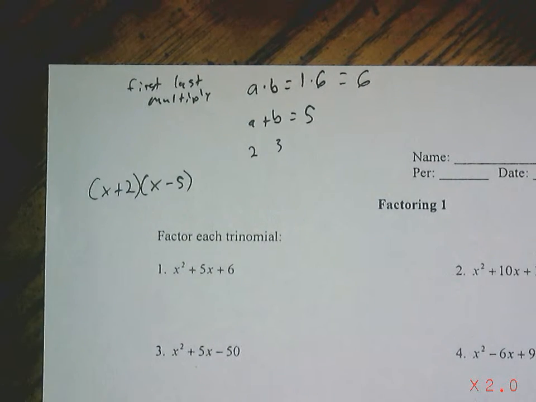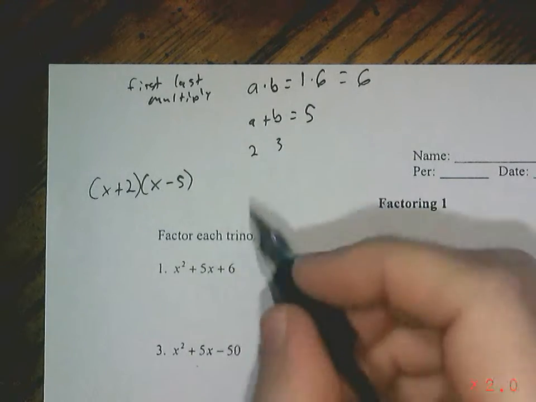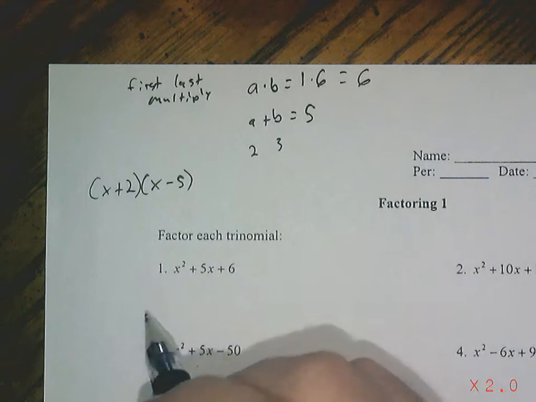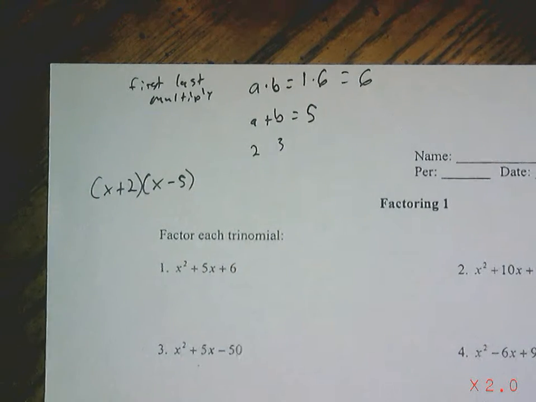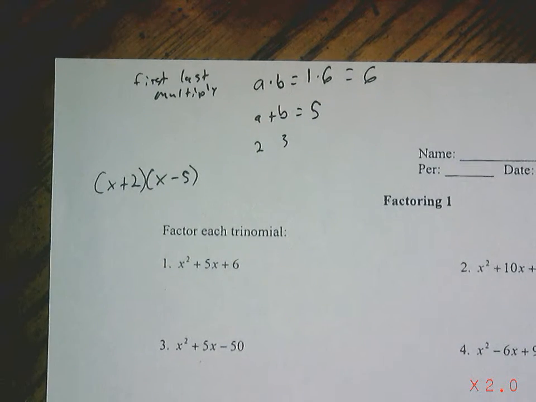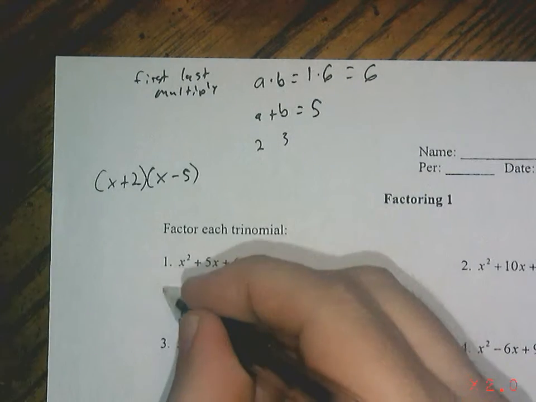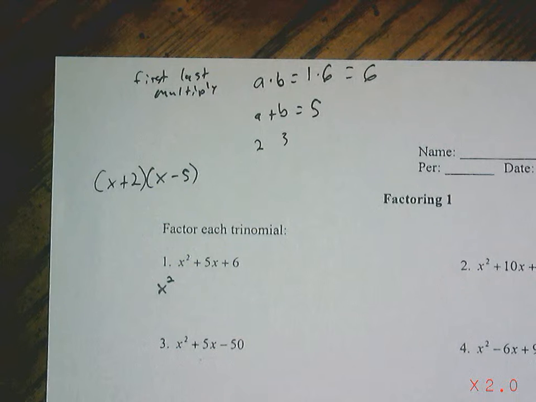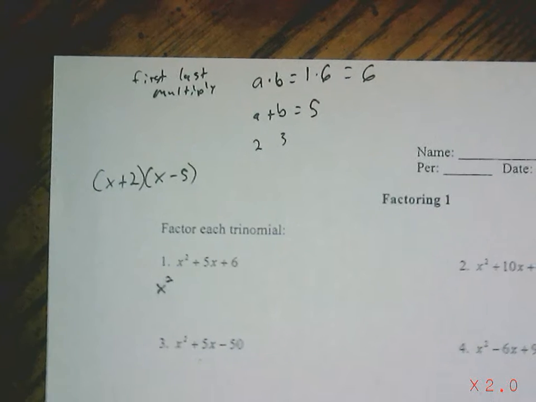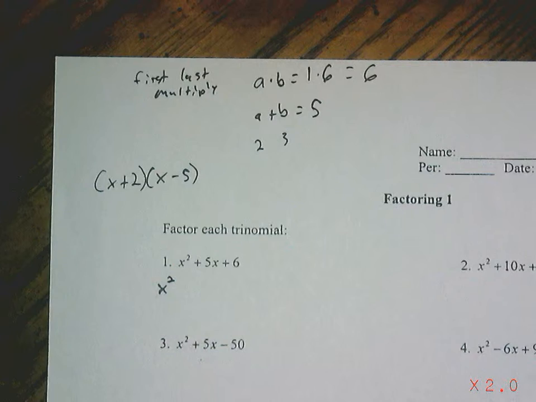Now here's the trick. We're going to rewrite this as x squared plus 2x plus 3x plus 6. But the grouping kind of matters. We have to make sure we combine them in a way that they have the common factor in a group.